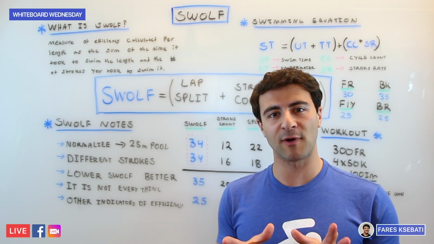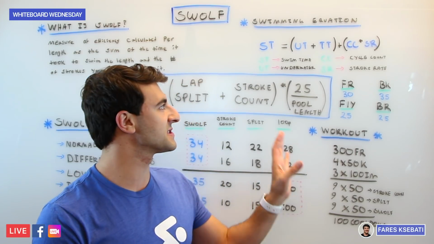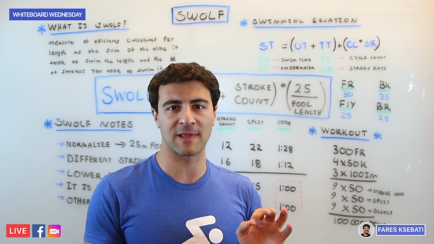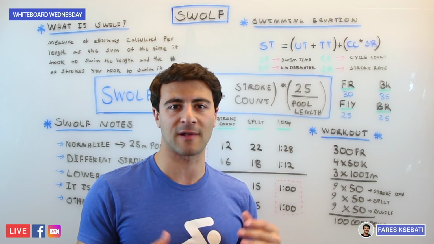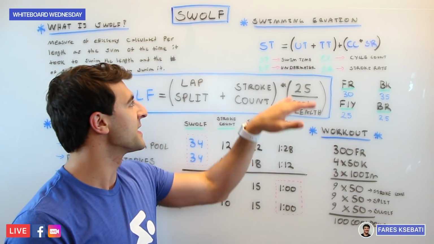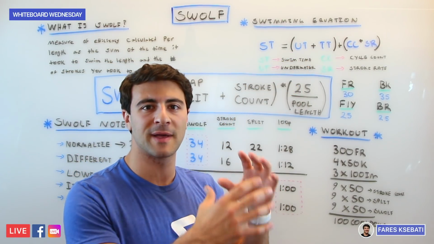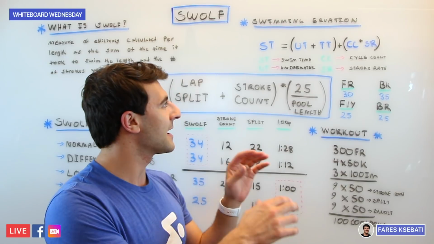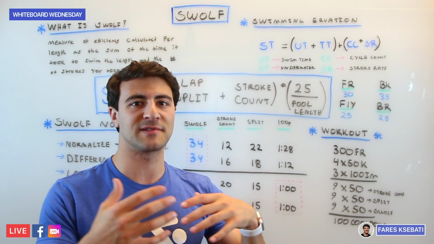Now the SWOLF score is really important to understand its difference from the overall swimming equation, but there are a lot of commonalities. If you remember the swimming equation, which I'll link to our last Whiteboard Wednesday about that topic, your swimming time is equal to your underwater time plus your turn time, plus the multiplication of your cycle count times your stroke rate.